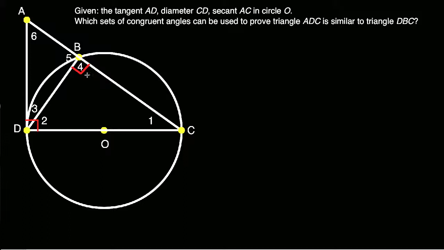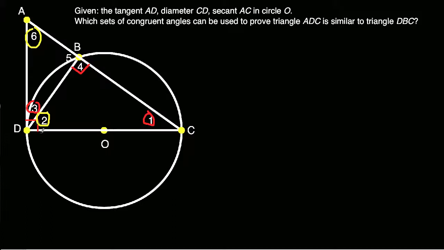So both this triangle and the larger triangle are right triangles. So all we would need to show is that angle 1 right here and angle 3 are the same. And equivalently, if we show that angle 2 and angle 6 are the same, that works.